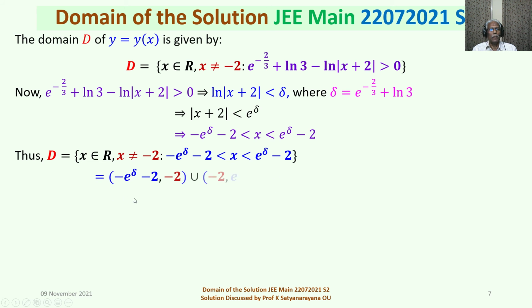That means this is the union of two open intervals: the open interval from -e^delta - 2 to -2, because -2 is not included, union the open interval from -2 to e^delta - 2. So the union of two open intervals.